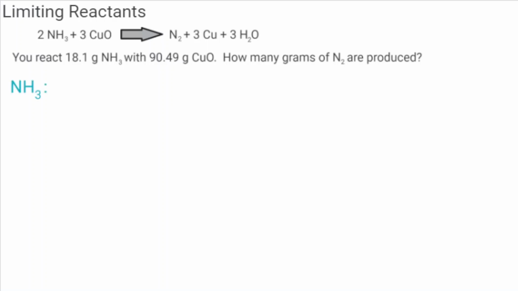So looking at our ammonia, we're going to start off with our 18.1 grams of ammonia, because that's the variable that was given to us. Now we need to figure out some sort of equality that has grams of ammonia in it. And one of our go-tos is always going to be molar mass. So if I figure out the molar mass of ammonia, I'll find that we have 17.034 grams of ammonia for every 1 mole of ammonia.